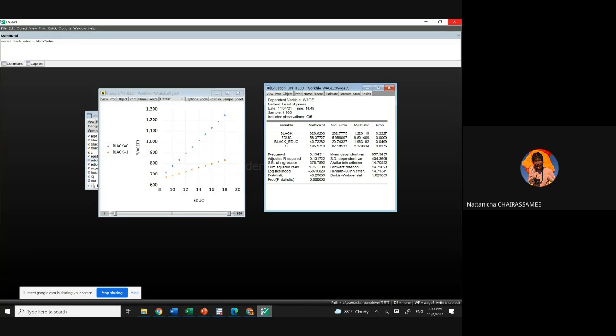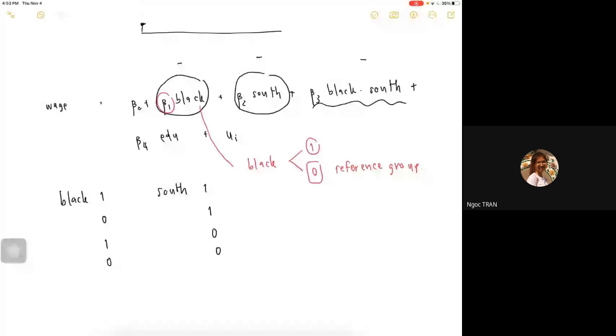Okay, so let's look at our equation a little bit. The equation that I asked you to do is wage on beta 0, beta 1 black, beta 2 education, plus beta 3, the interaction term between black and education, right?